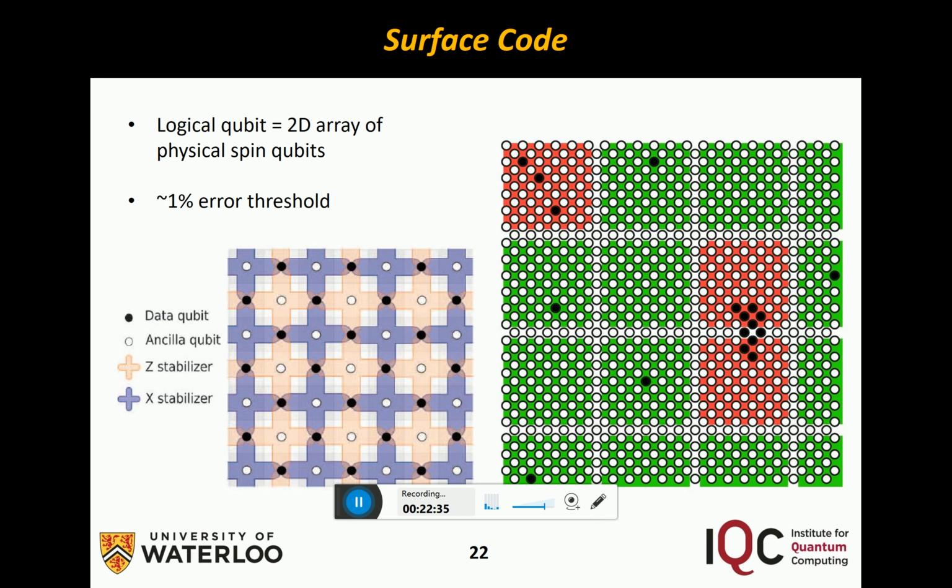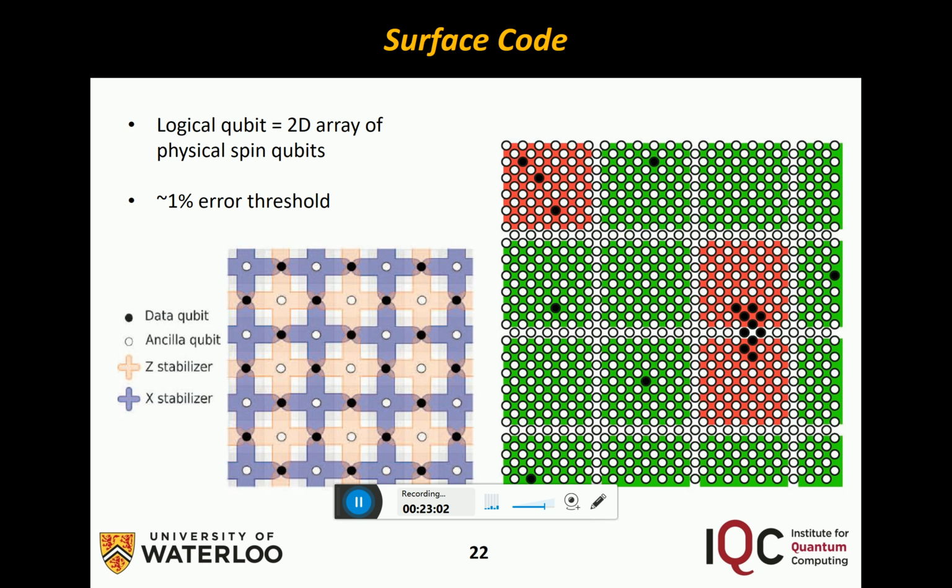So then if you are able to do this, then you extend this to an array that is composed of blocks that are the same as the image on the left. So that's what I'm showing on the right, this sort of array of 2D blocks, where each block is essentially a logical qubit. So if too many errors occur, which are represented by the black dots, then you just discard that logical qubit.